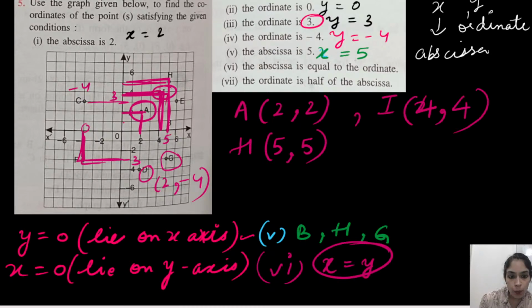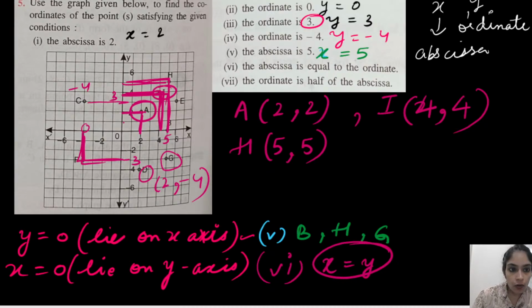Any other point? Did we miss anything? G is not there. So only these points. I have written them also, you can see. For A the values of x, y are 2, 2, I's coordinates are 4, 4. Coordinates of point H are 5, 5.